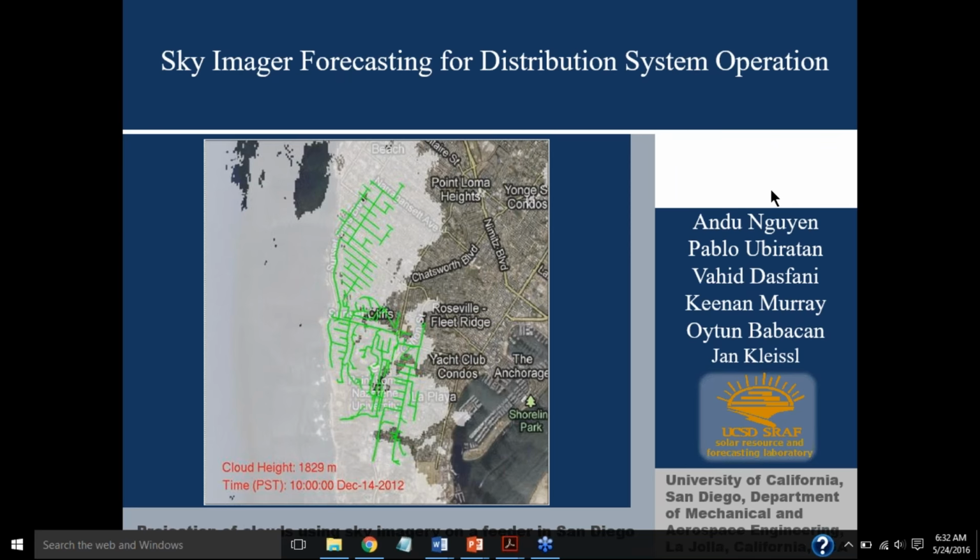And I should also point out that Dr. Kleissl is also one of 4 subject area editors of the International Solar Energy Society's Solar Energy Journal, the official journal of the Society. So Dr. Kleissl, we're very pleased to have you here. Your talk was titled Sky Imager Solar Forecasting for Distribution System Operation.